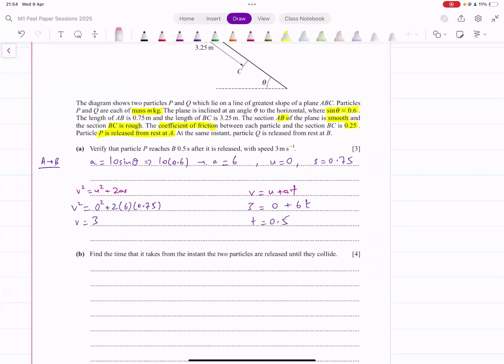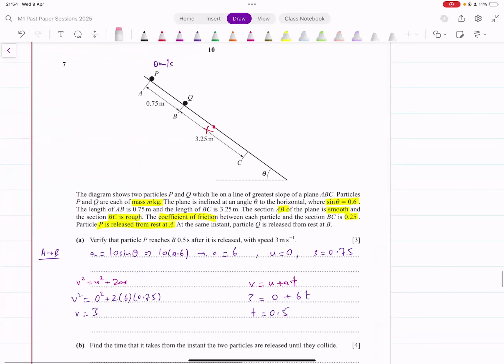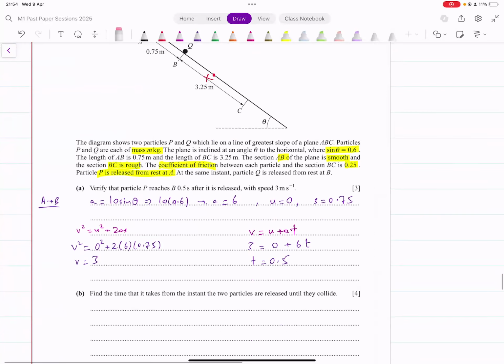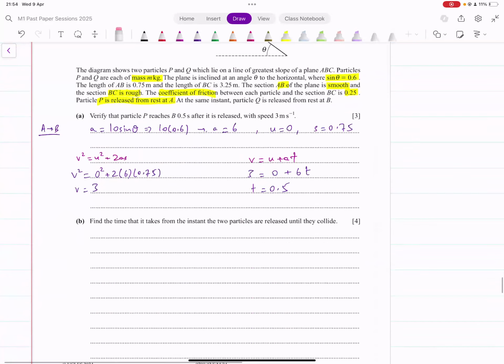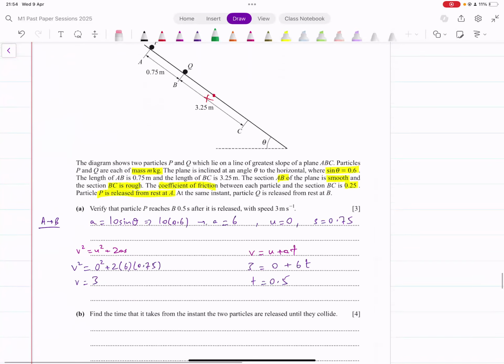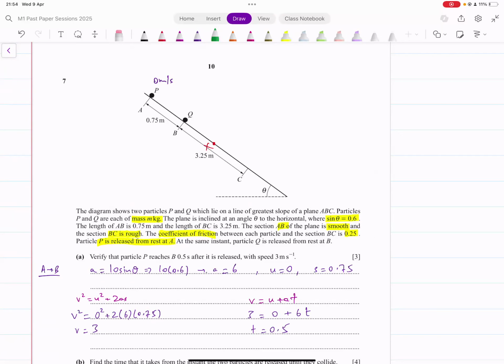Now, what do we do for both the particles? In the first part, we have done some part of this already. We already know what's happening to particle P from A to B, right? We know it takes 0.5 seconds to reach the point Q, right? It takes 0.5 seconds.